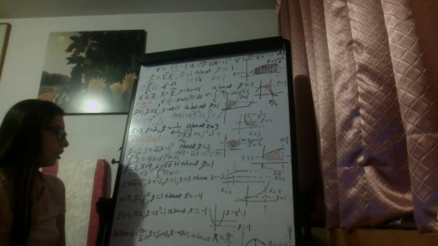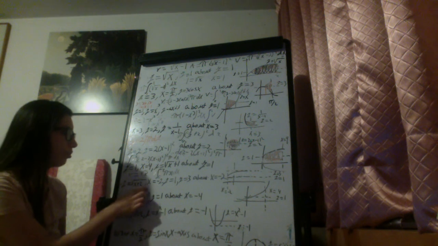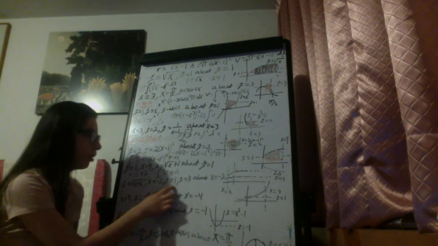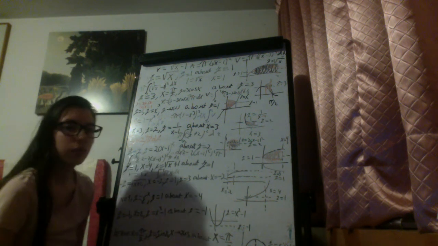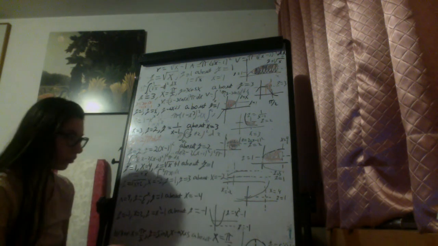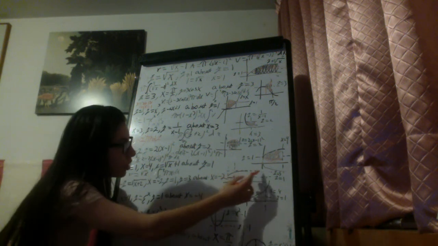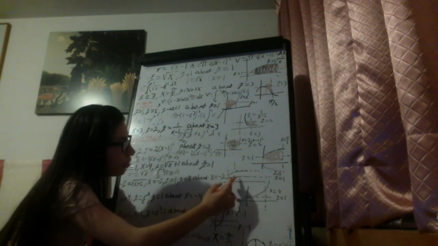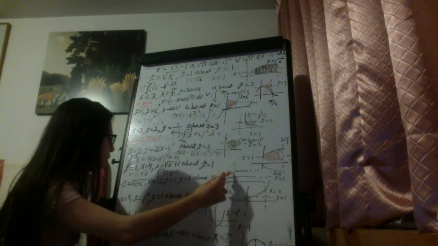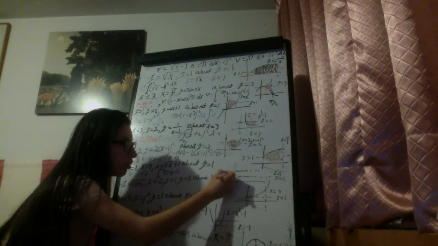Next is the region enclosed by y equals square root of x plus 2, x equals minus 2, y equals 1, y equals 3, about x equals minus 2. So the region enclosed is, this is y equals 3, this is y equals 1, this is the curve root of x plus 2, so it is this region.